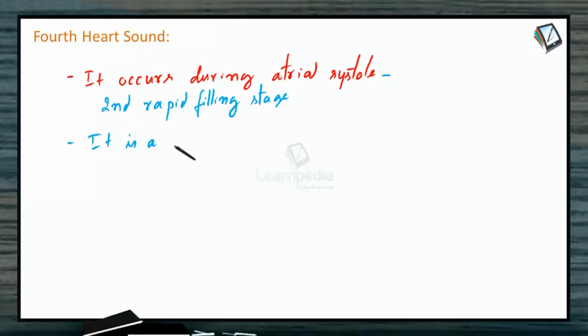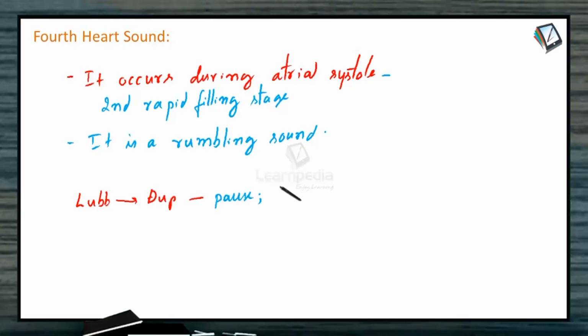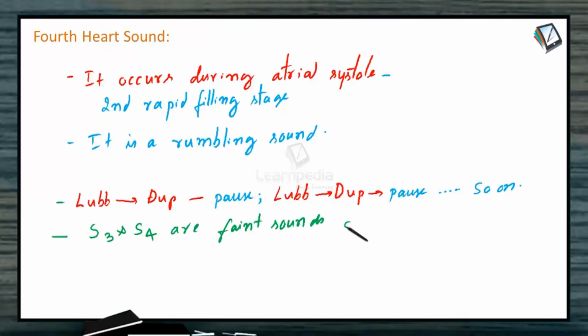Actually, it is a rumbling sound. So, the sequence of sounds is as follows: lub, dub, pause, and lub, dub, then pause, and so on. Especially here, S3 and S4 are faint sounds and not heard using the stethoscope.